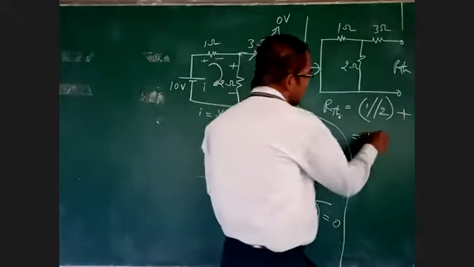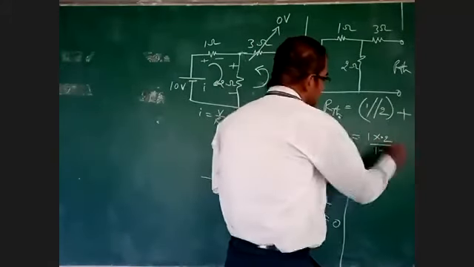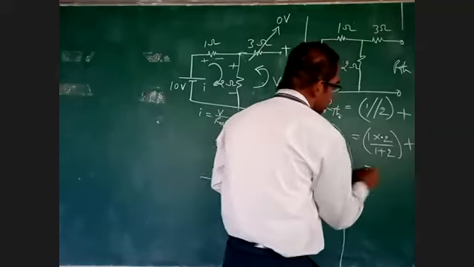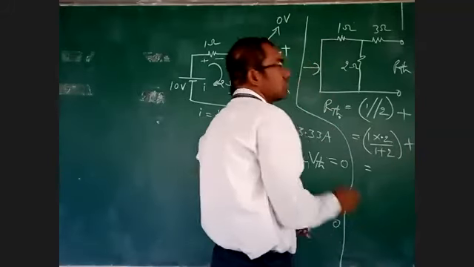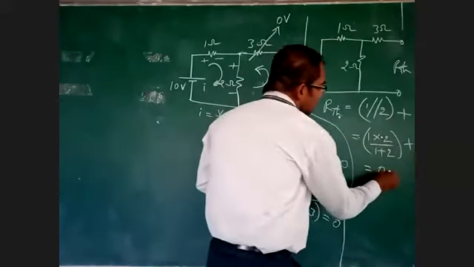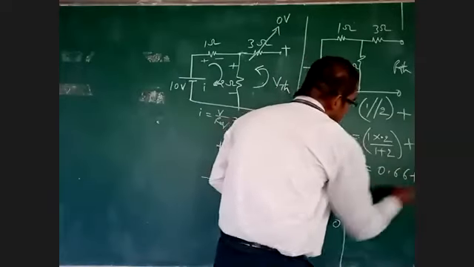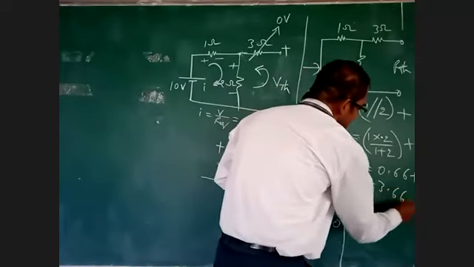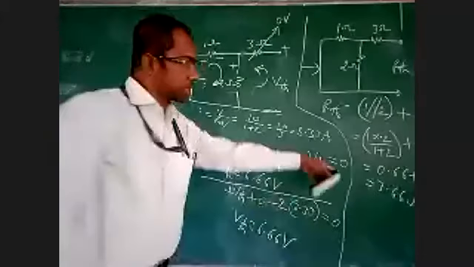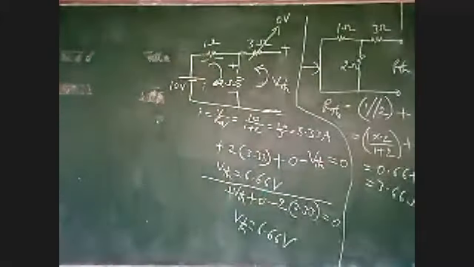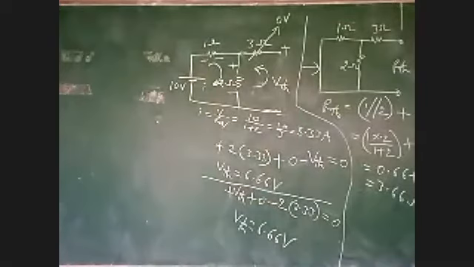That is 1 into 2 by 1 plus 2, plus 3. 2 by 3 plus 3. How much? 2 by 3 is 0.66, plus 3. That is 3.66 ohms. This is your RTH, the Thevenin resistance.